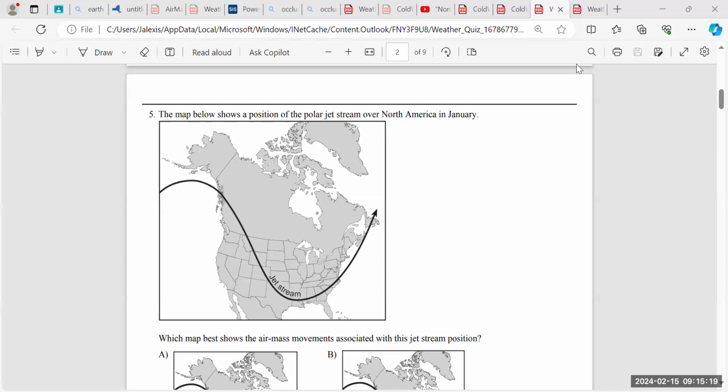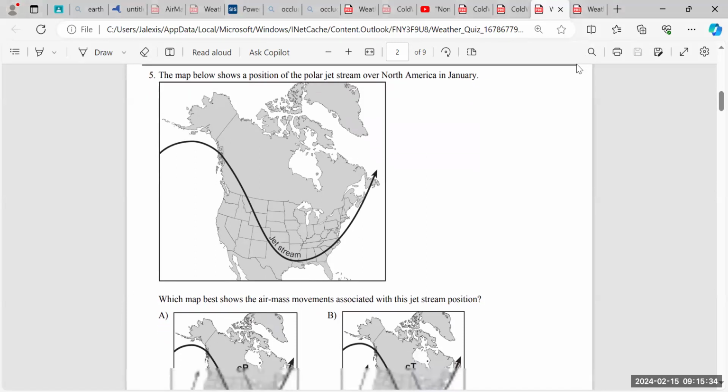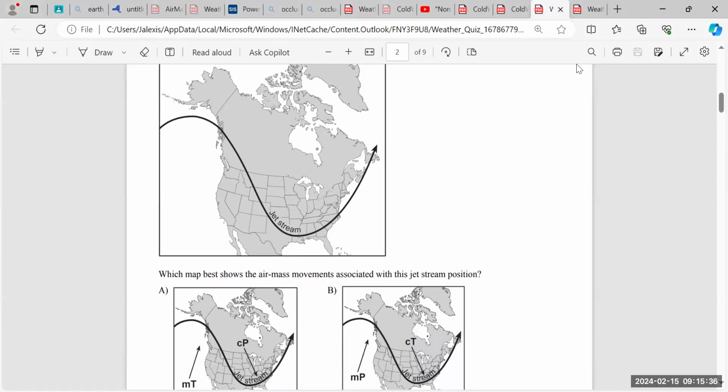All right, number 5. Number 5 says the map below shows a position of a polar jet stream north over North America in January. Which map best shows the air mass movements associated with this jet stream position? So something to keep in mind with jet streams, right? We consider them to pretty much be strong winds. And these winds have the ability to carry weather systems, right?